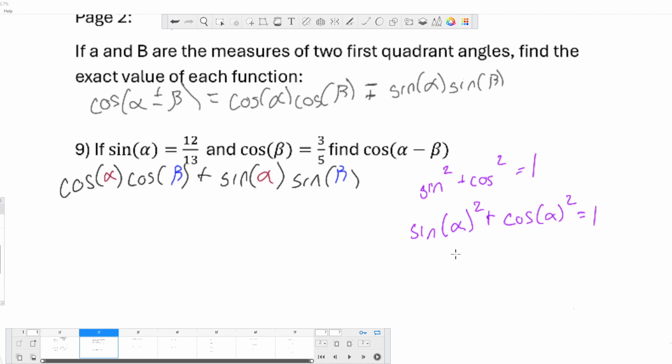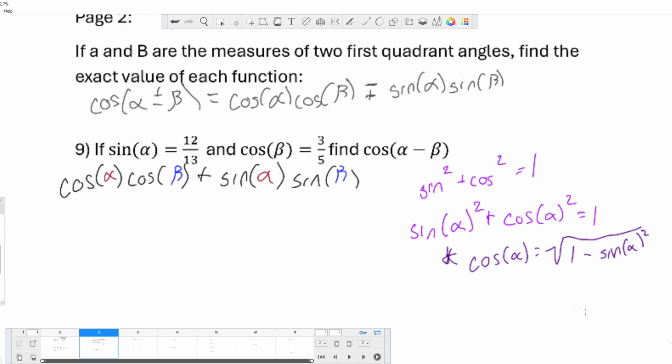We want cosine, so cosine of alpha will be equal to the square root of 1 minus sine of alpha squared. And that's basically what we end up doing for the other one.